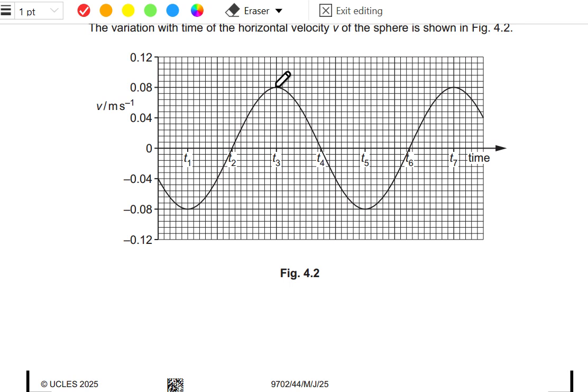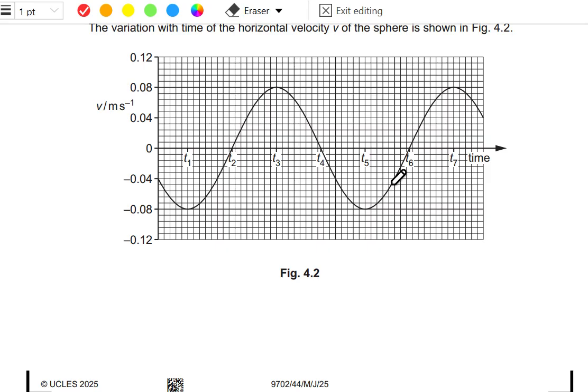Okay, and it goes to the maximum rightward displacement, or amplitude, where the velocity becomes 0. After that it goes to the left, reaching the equilibrium from the left. This is why we said T1 and T5.